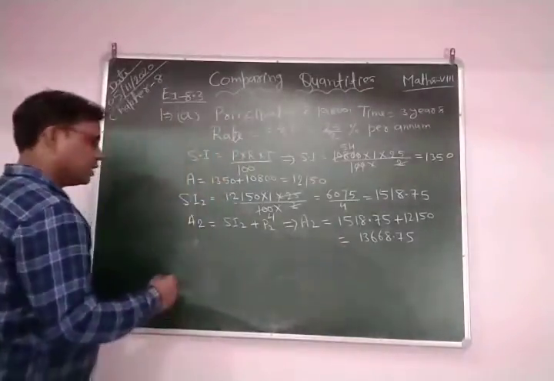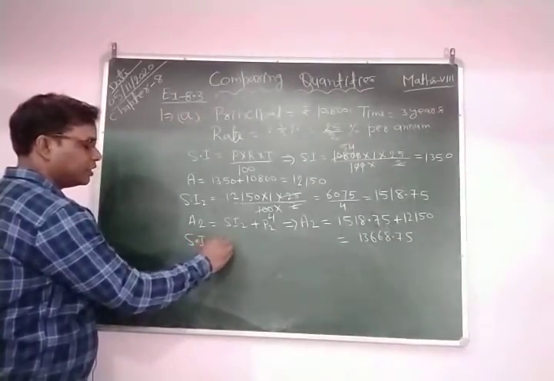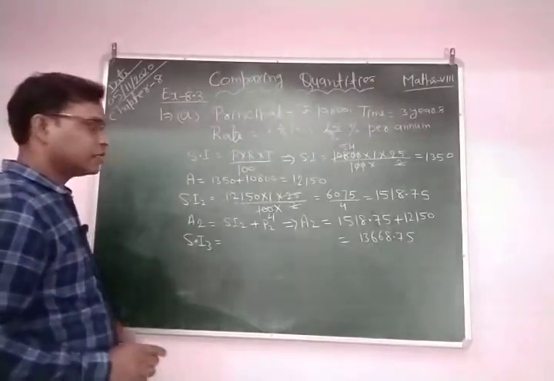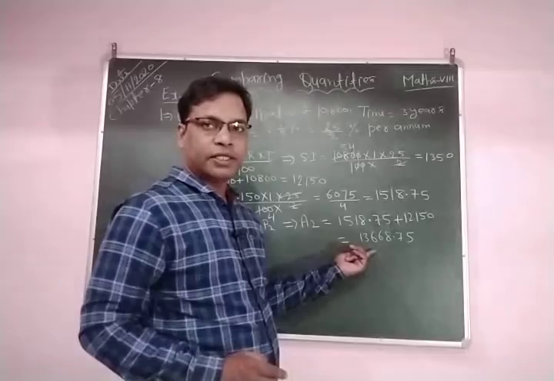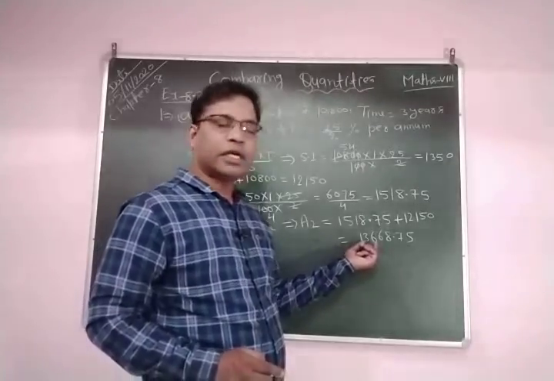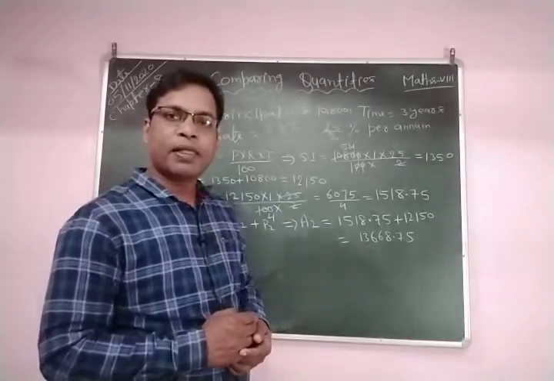So you find SI3, simple interest for third year. These amounts become principal for third year. 13,668.75 is treated as a principal for third year.